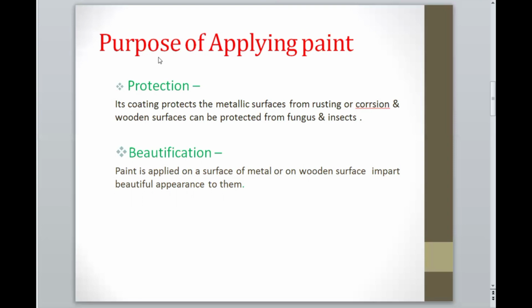There are generally different purposes, but the main two purposes we discuss here. Paints are used by engineers for coating the surfaces of buildings and engineering materials such as iron, wood, etc. The main purposes of applying paint on the surface are protection and beautification. Protection: paint protects iron and wood surfaces from water and air. When paint is applied on metallic surfaces, it protects them from rusting or corrosion.